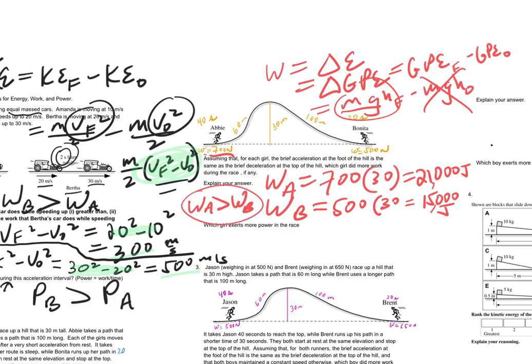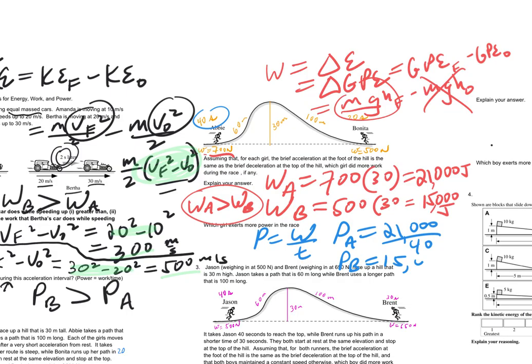Which girl exerts more power? The power is work over time again. The power of Abby is her work, 21,000, divided by the time it takes, 40 seconds. And the power of Bonita is 15,000, divided by her time, which was 20 seconds.